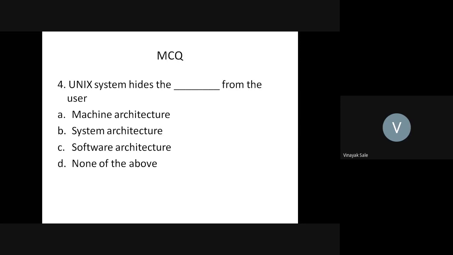Machine architecture, system architecture, software architecture, or none of the above. So the answer is system architecture.